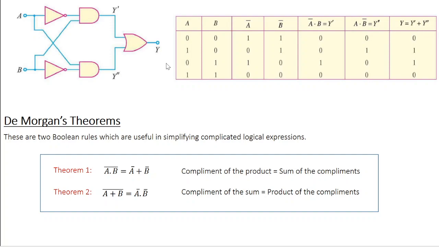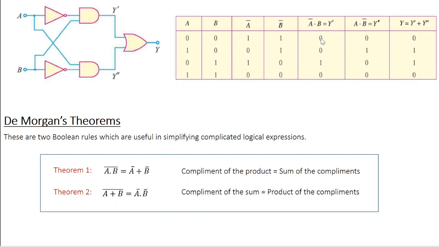Now let's look at the truth table. I will describe the first condition. Both A and B are 0. So A complement is 1, B complement is also 1. Y prime, which is A complement dot B: A complement 1 dot B, 0 gives you 0. And Y double prime is A, which is 0, dot B bar: 0 dot 1 is 0.